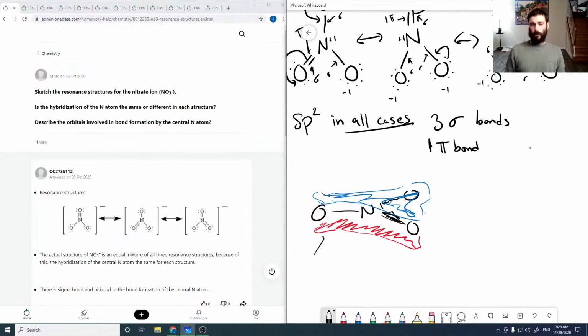So that would be the pi orbital spread around the entire molecule, whereas each of the sigma bonds would be more local to the molecular structure. It would be more spread throughout like that. And this is kind of a rough picture for an sp2 hybridization as well on the nitrogen.